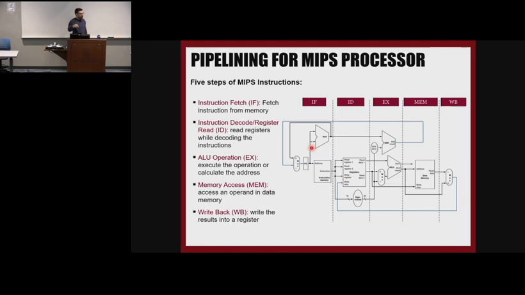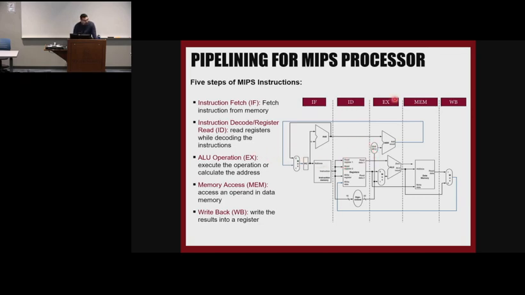Then the next step is instruction decoding and register read. It's shown by ID, instruction decoding, but you should know that at the same time we read the registers too. We always read registers in the MIPS processor, we know that already. These two steps we always do.